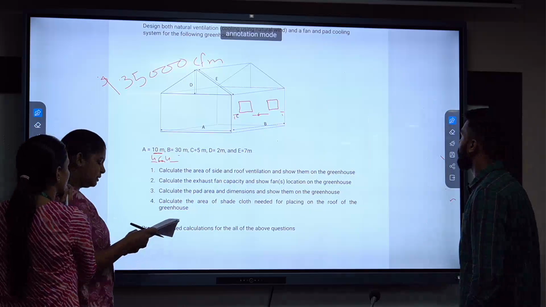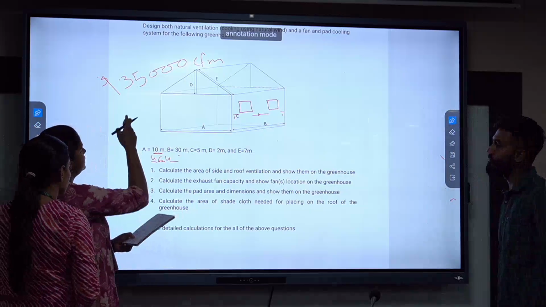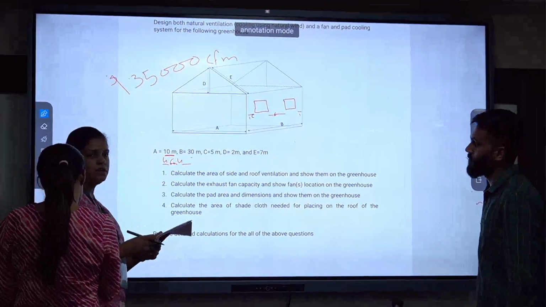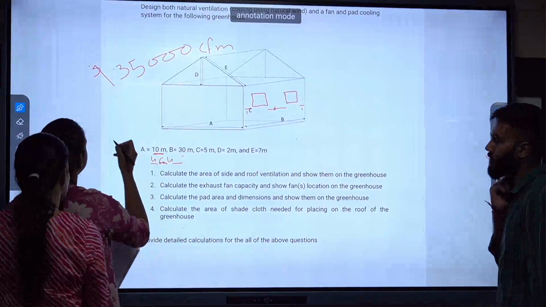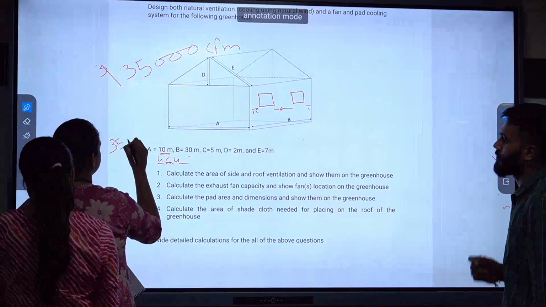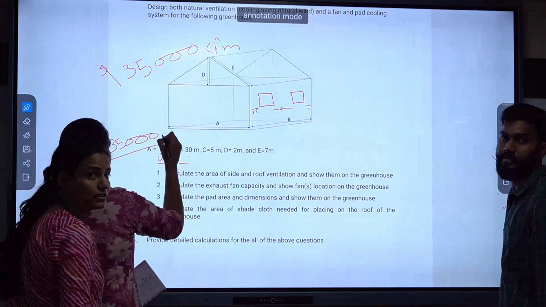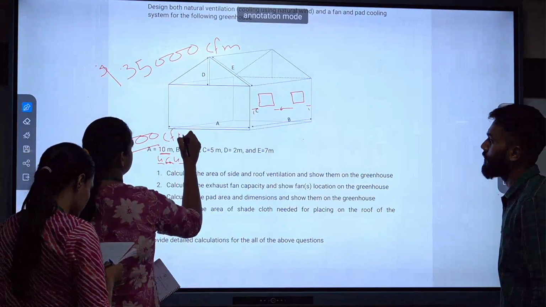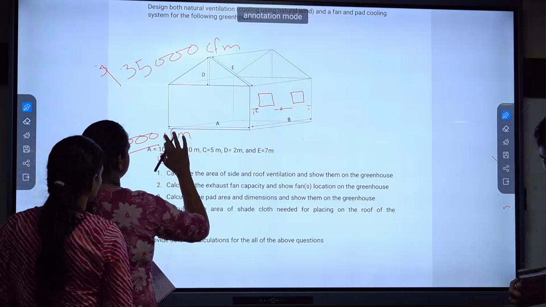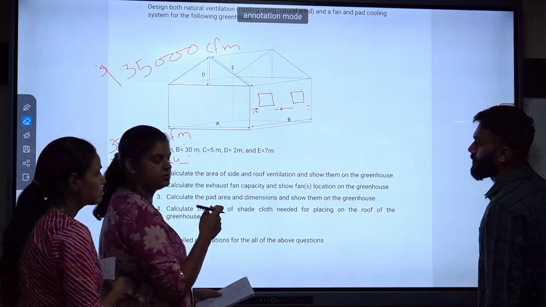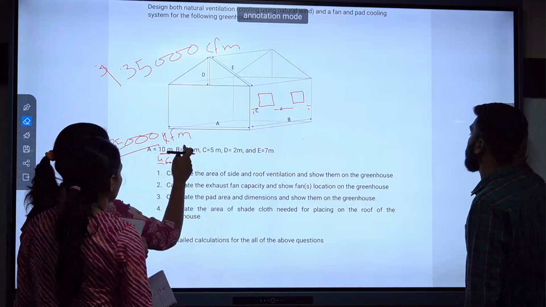So for calculating the pad area, we'll divide this exhaust fan capacity by the air specification velocity. So it would be around 35,000 divided by 35,000 units, please. CFM, or we'll simply write CFM. Feet cube. Yes, more scientifically, cubic feet per minute.